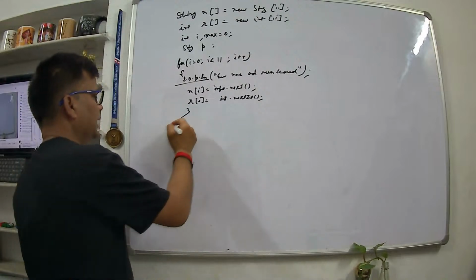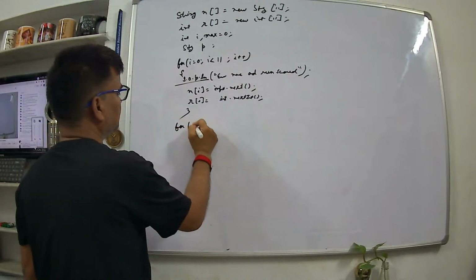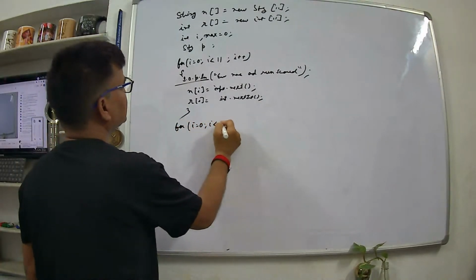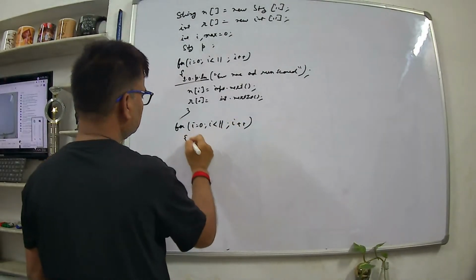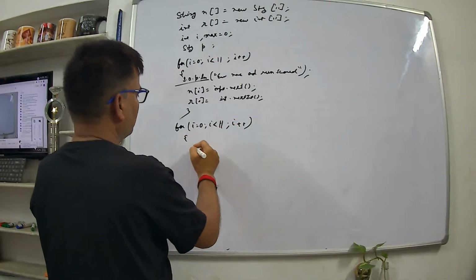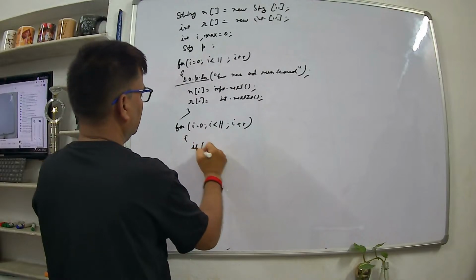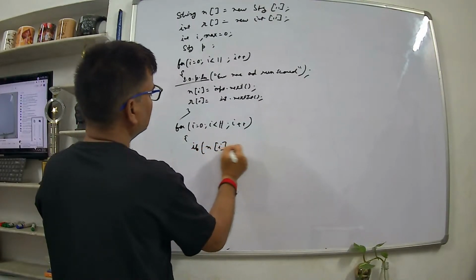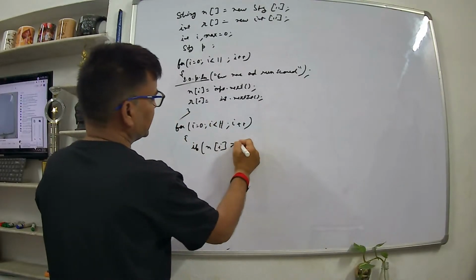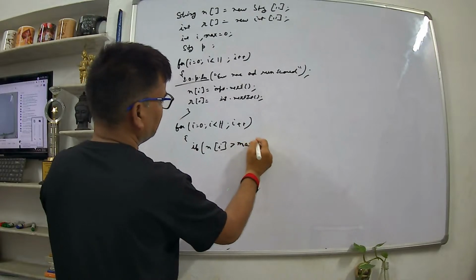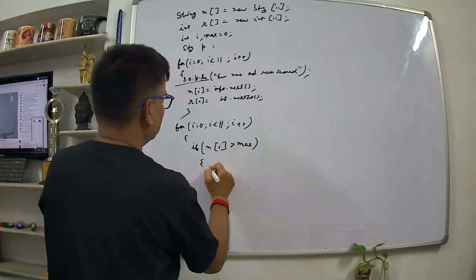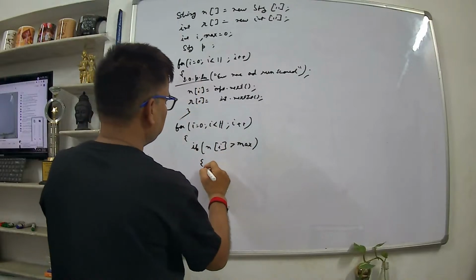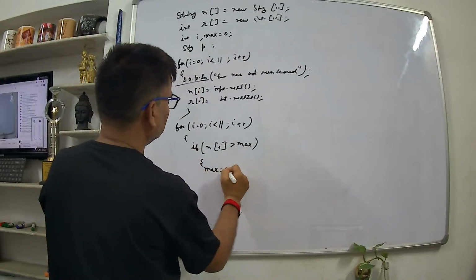Now again I'll use the loop. For i equal to 0, i less than 11, i plus plus. Now if n[i] is greater than max, then what we will do?